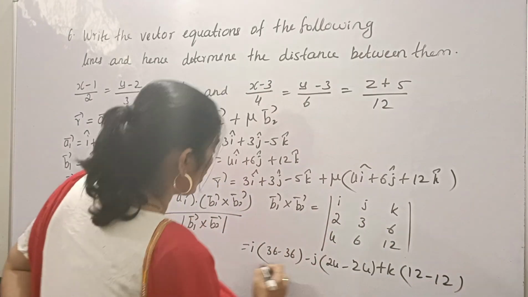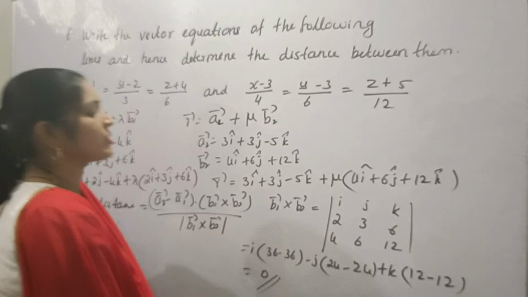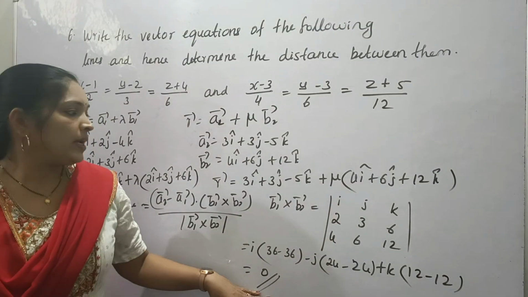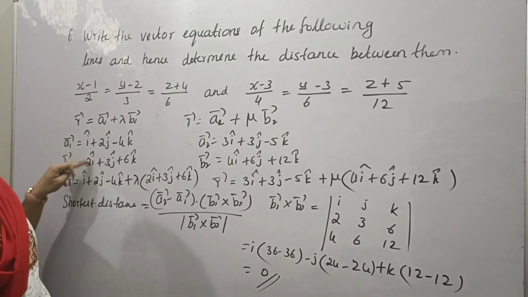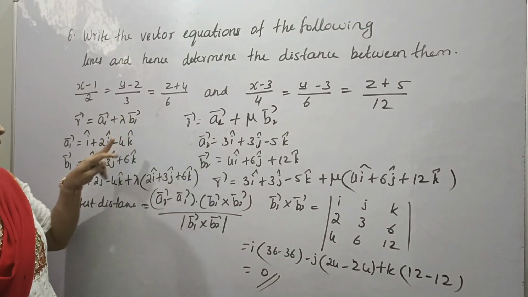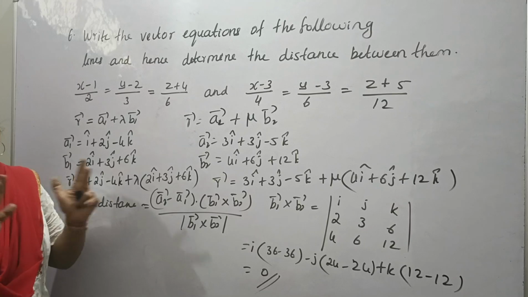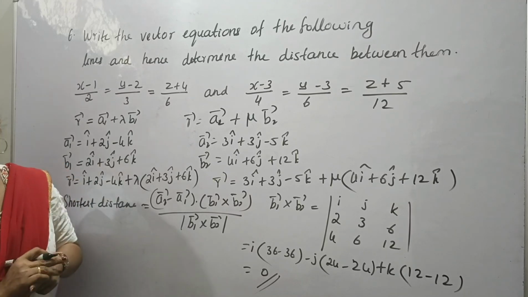See, here we have got vector b1 cross vector b2 is equal to 0. Here we noticed that vector b2 is a scalar multiple of vector b1, right? That means vector b1 and vector b2 are parallel.